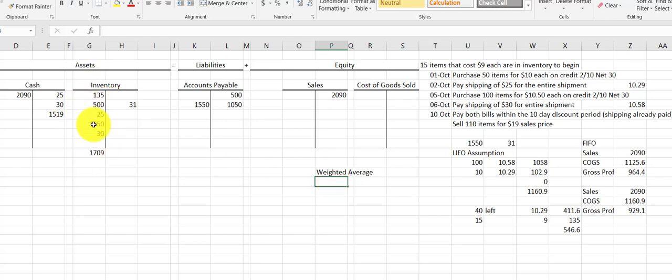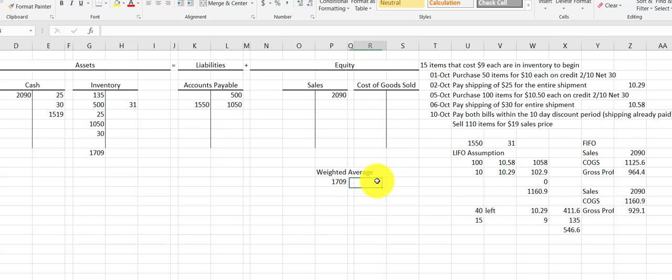In this T account right now, at the point that we make the sale, we would stop, figure out what this total was, add up the increases, subtract the decreases, and we would get 1709, because guess what? I've got Excel calculating it for me. Okay?